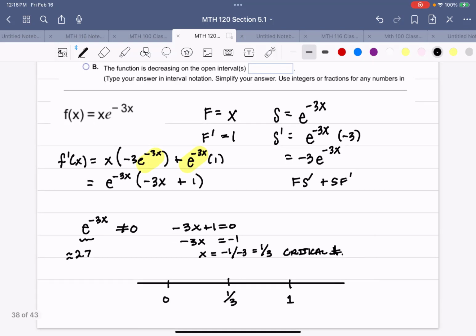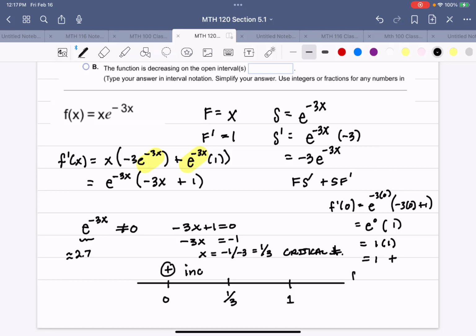So f prime of 0 is e to negative 3 times 0, times negative 3 times 0 plus 1. Well, that's e to the 0 times 1. E to the 0 is 1, and 1 times 1 is 1. And 1 is a positive, so this side is a positive number. My function is increasing here.